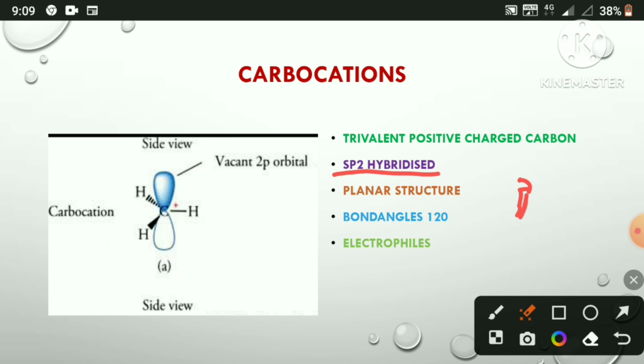The carbocationic carbon has 1 vacant 2p orbital, and 3 bond pairs bonded with 3 substituents, and the carbon has positive charge, so it has a planar structure. These carbocations are formed by heterolytic cleavage.